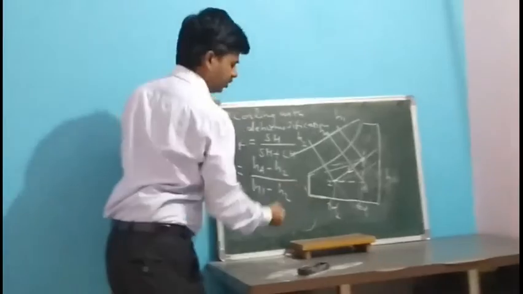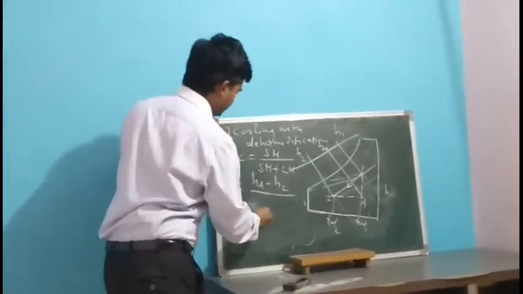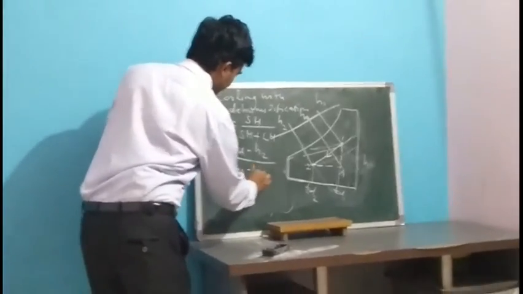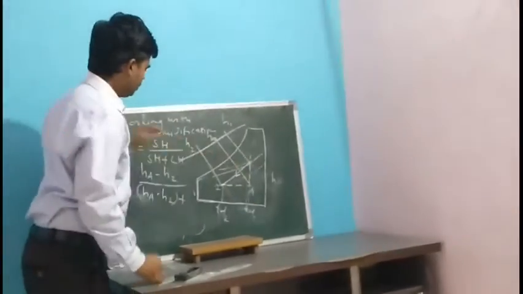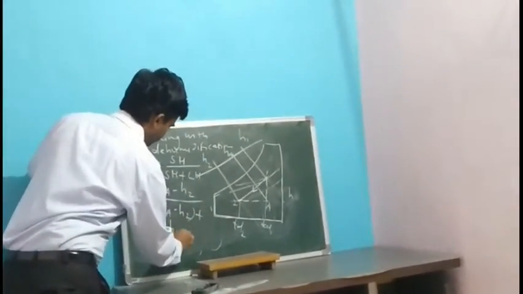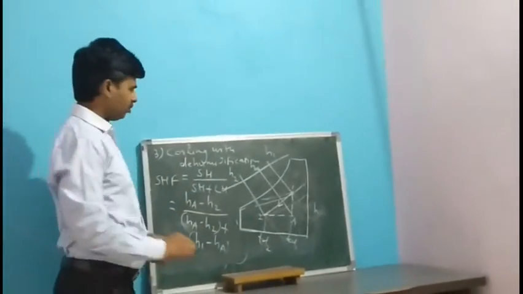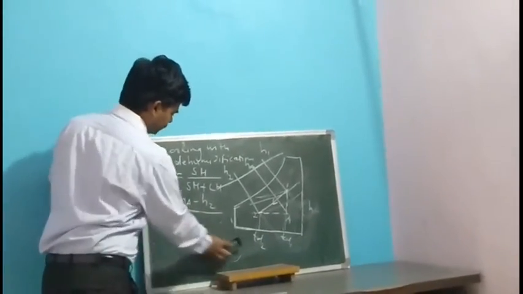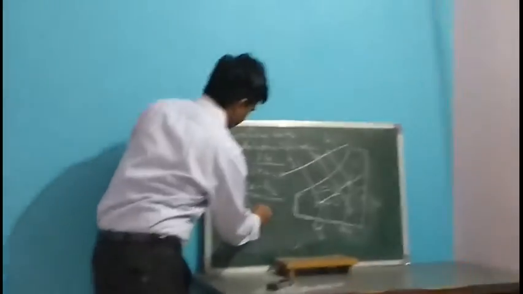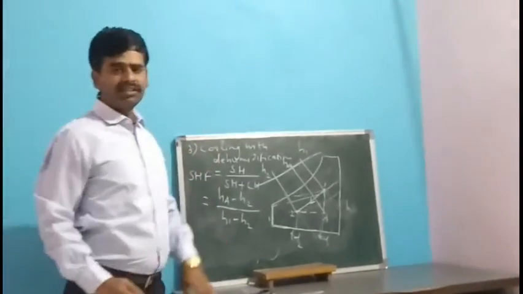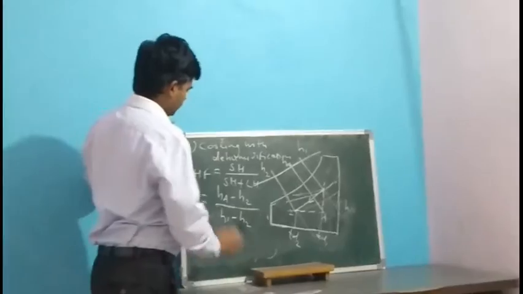H2. This H1 minus H2 we can also write as the sensible heat, HA minus H2, plus H1 minus HA. So this HA gets cancelled out, and we get H1 minus H2. In this way we can determine the sensible heat factor corresponding to this process.